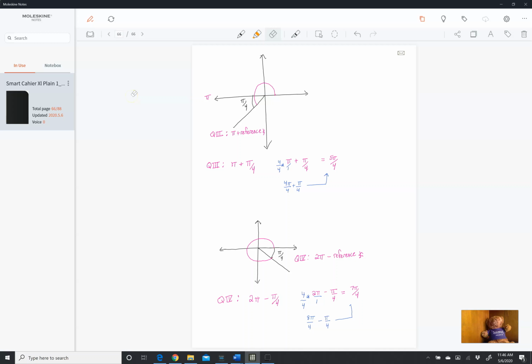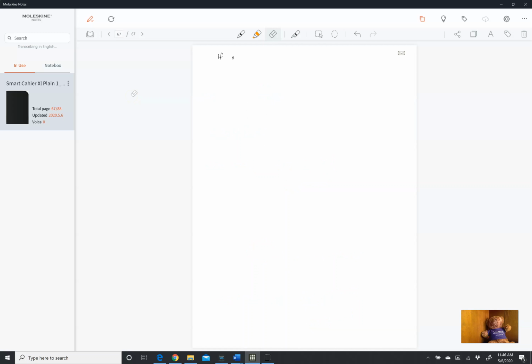So if our angles were in quadrant 1 or quadrant 2, let's just take a look at that. So quadrant 1. Okay.